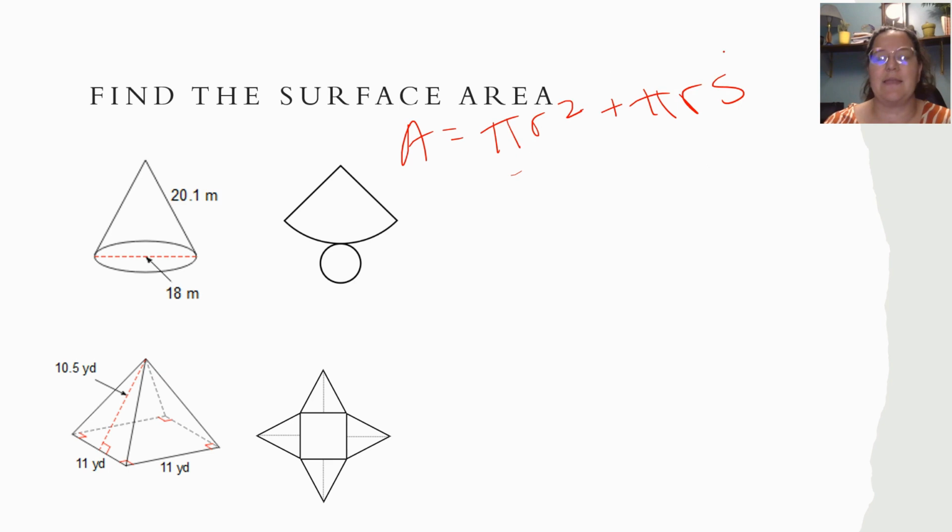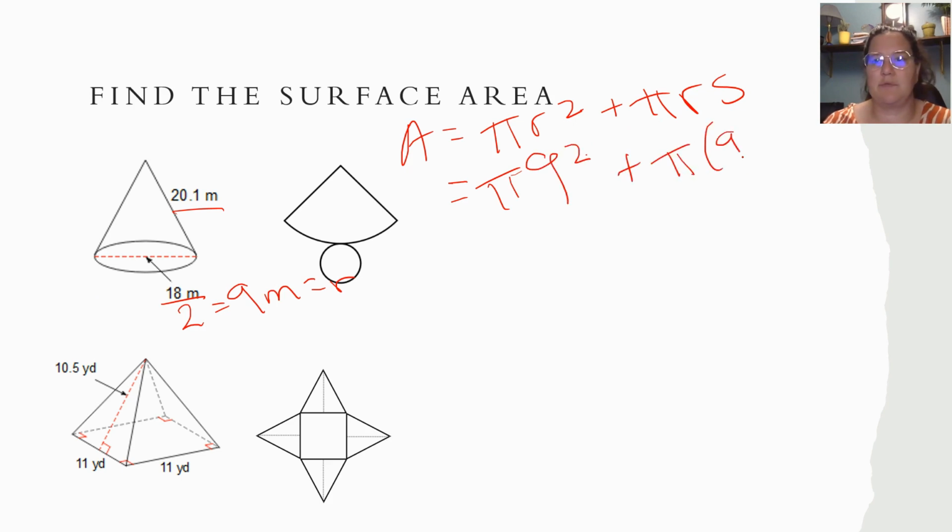And again, that s is the slant height of 20.1 meters. So pi multiplied by, we have to find r. So our diameter is equal to 18 meters. Divide that by 2. We get 9 meters as equal to our radius. 9 squared plus pi 9 times 20.1.